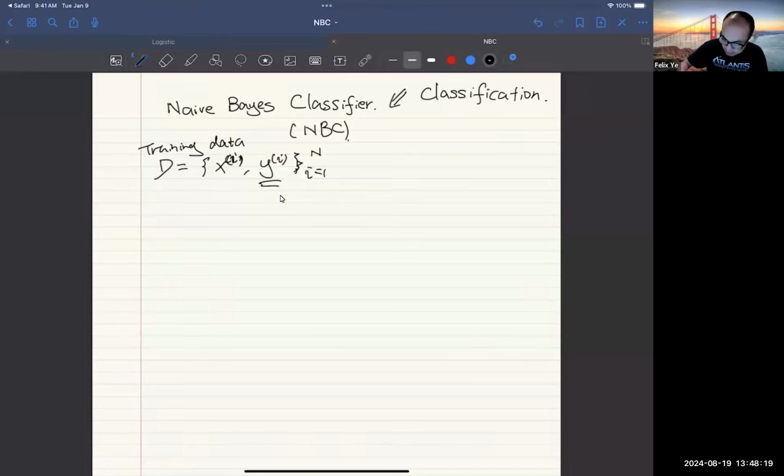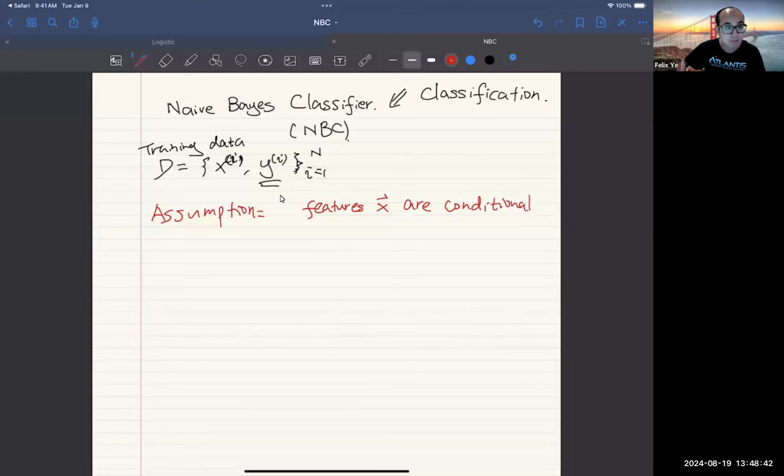Okay, so the assumption in naive Bayes is the following: those features are conditionally independent, given the class labels.